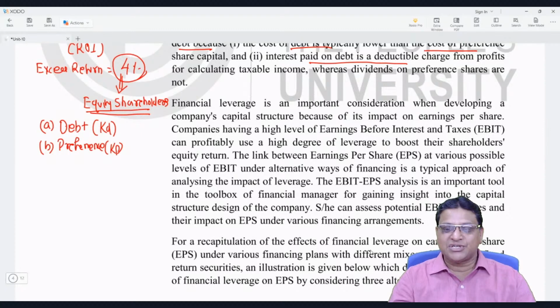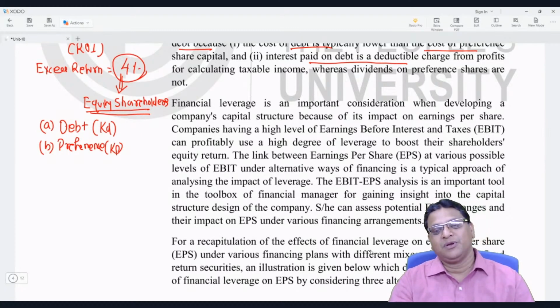Now the next question arises: how much debt capital must we use? Because if we go on increasing debt capital in our capital structure, what will happen? The cost of debt will be less than the cost of equity, but the financial risk of the business, or the solvency position of the business, may be at stake.